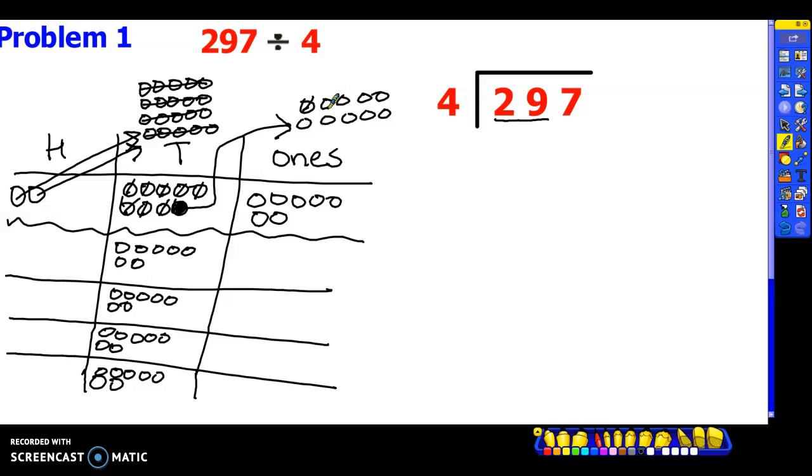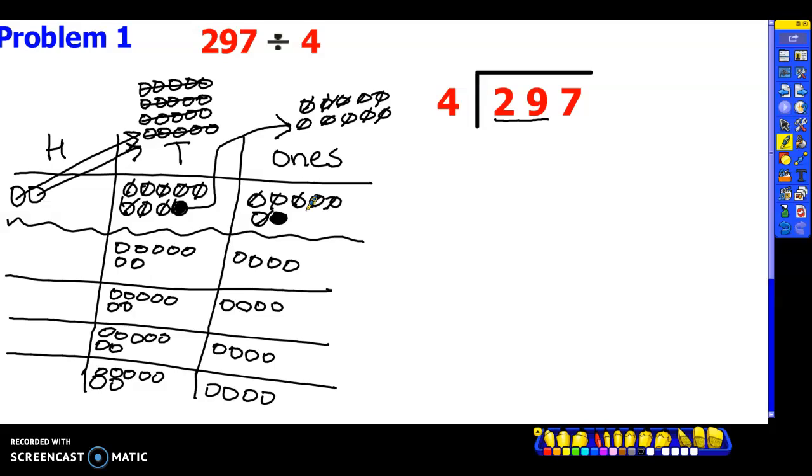So 1, 2, 3, 4. 1, 2, 3, 4. 1, 2, 3, 4. 1, 2, 3, 4. And looks like one more group. Alright, and I have this one left over in the end.